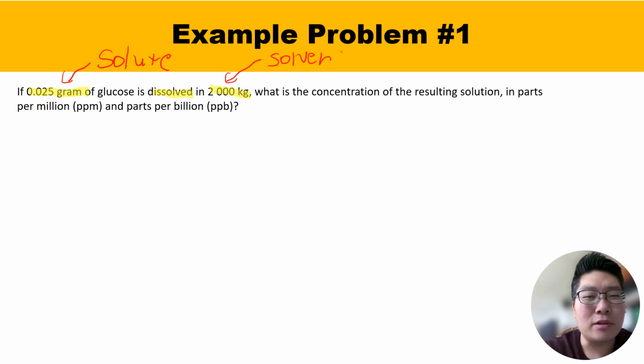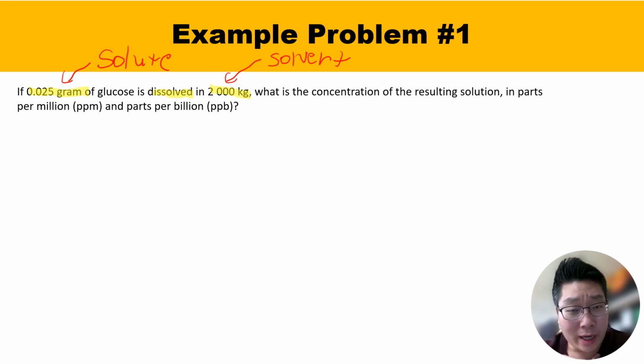But now I want you to think about it. 0.025 gram is a really small amount compared to 2,000 kilogram. That's 2,000 ton. If I convert that into gram, that's 2 million gram. We can estimate in a way that I don't necessarily need to add 2,000 kilogram with 0.025 gram, just because the difference will be very minimal.